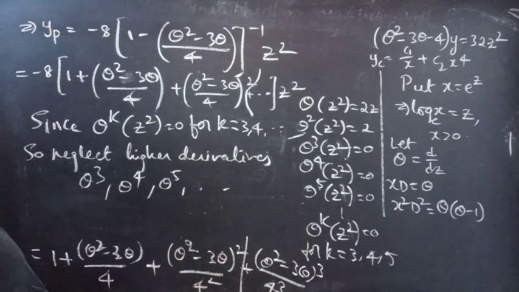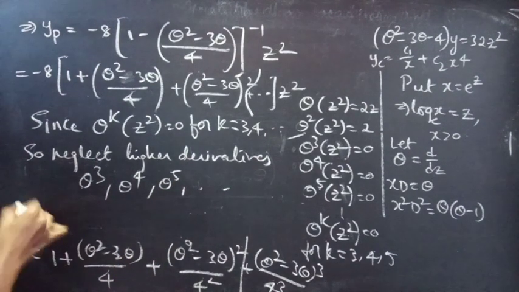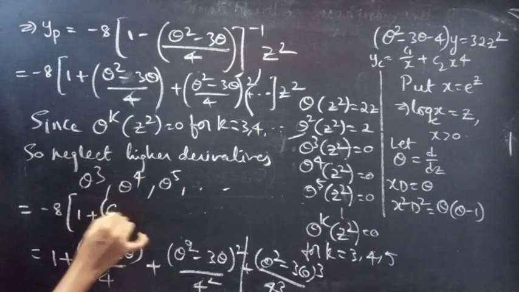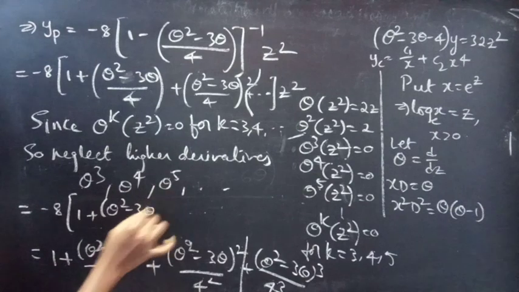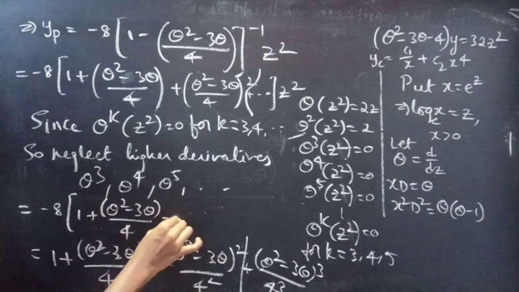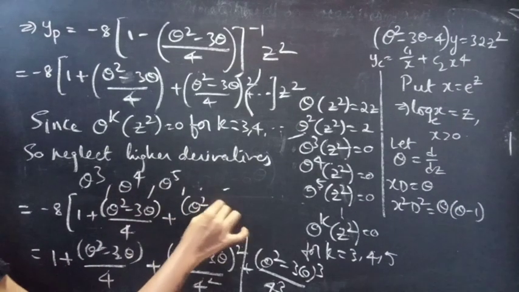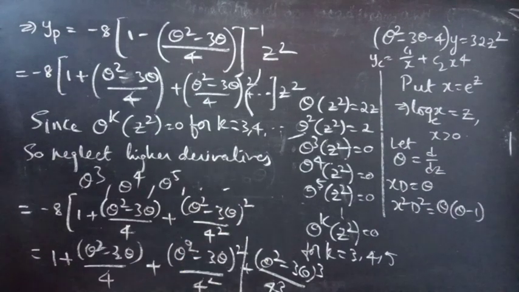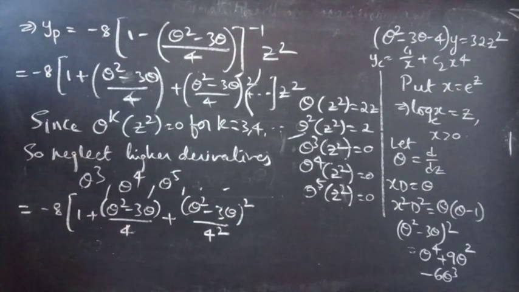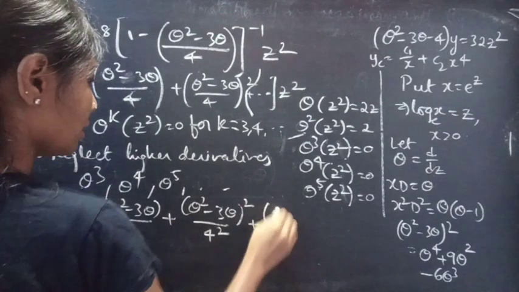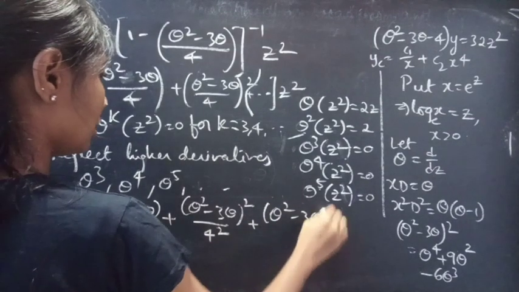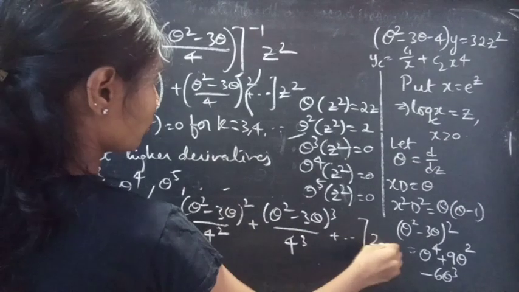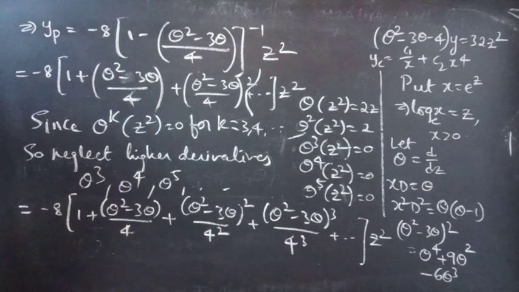Okay, and we can write this equation as minus 8 into 1 plus (theta square minus 3 theta) by 4 plus (theta square minus 3 theta) whole square by 4 square plus (theta square minus 3 theta) whole cube by 4 cube plus so on, into z square, right?